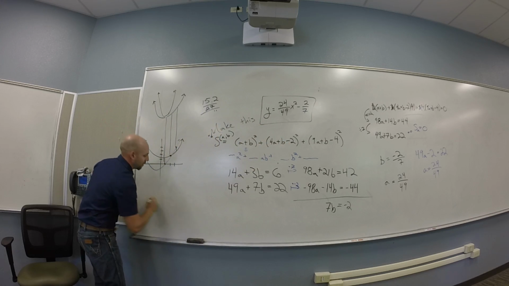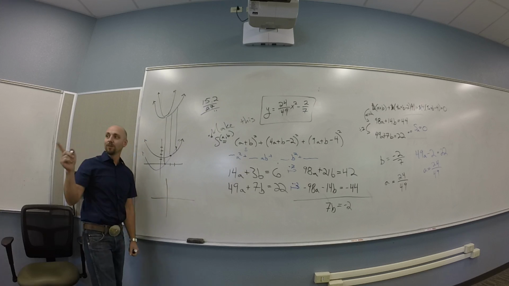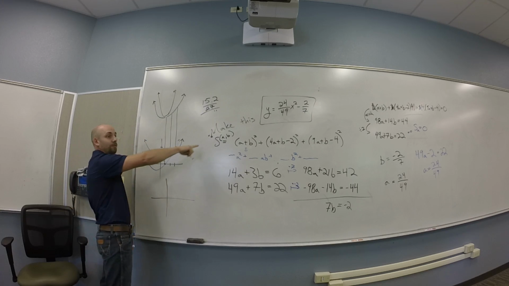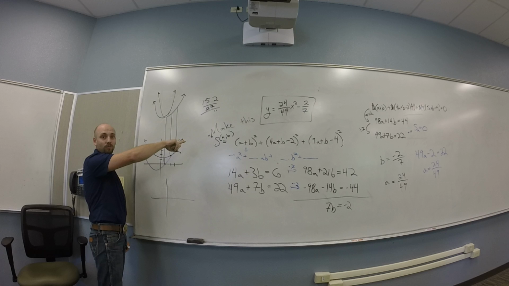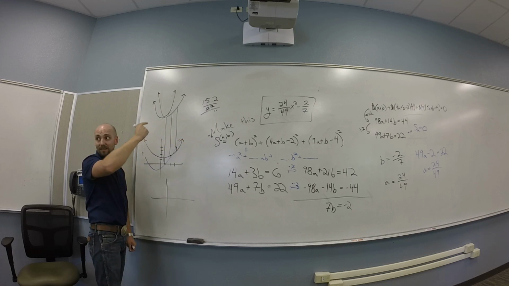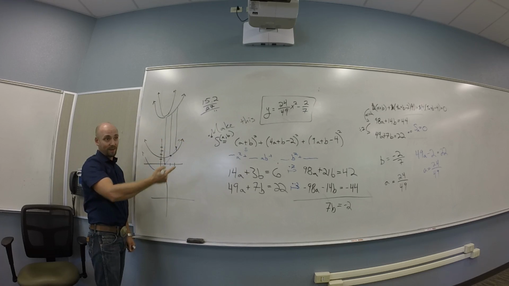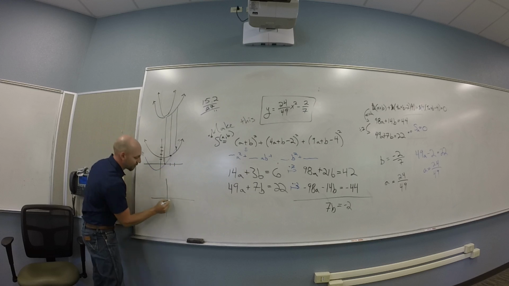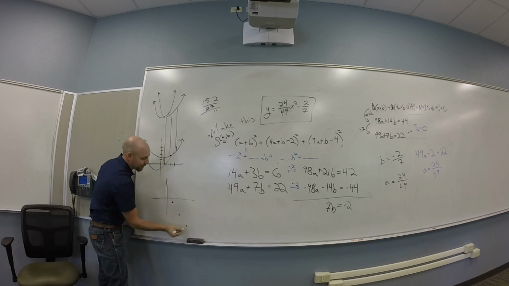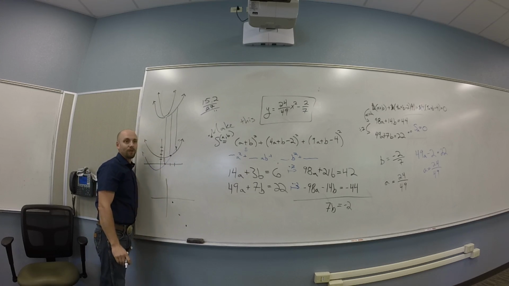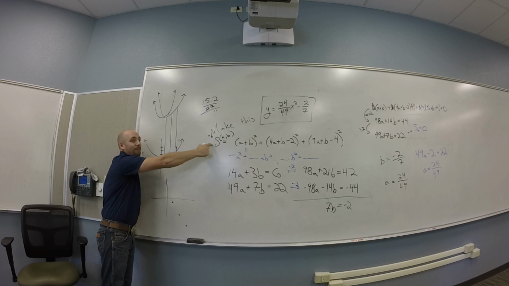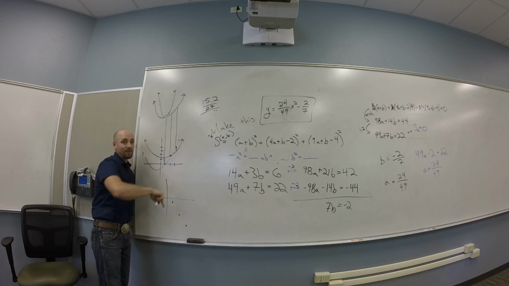It would still be a minimum, because the surface would still be a paraboloid. It's still going to be a least squares kind of thing. But if your dots go like this, what's the difference? This thing's still going to have a minimum, but your a is going to be negative.